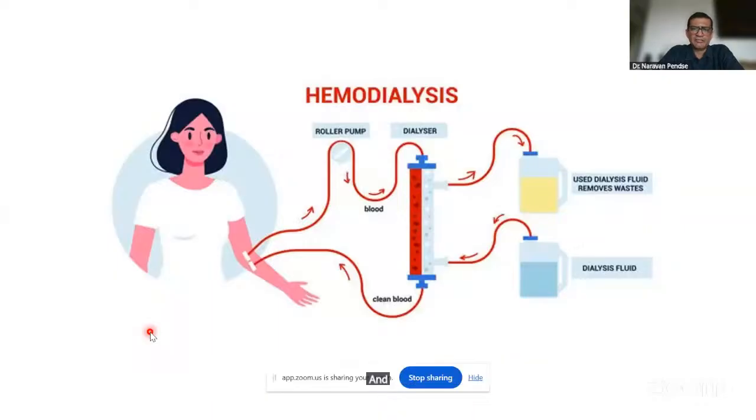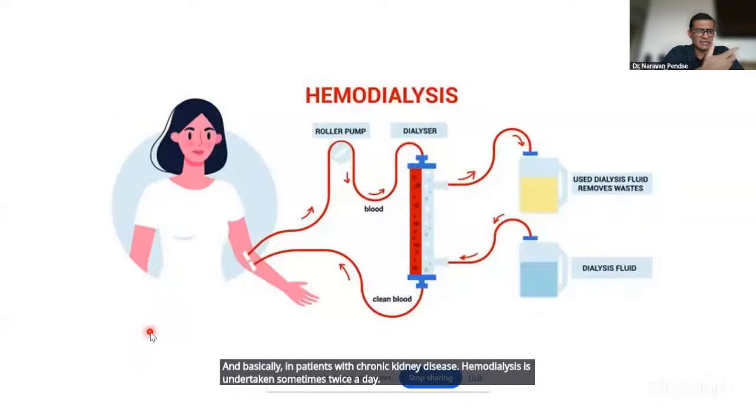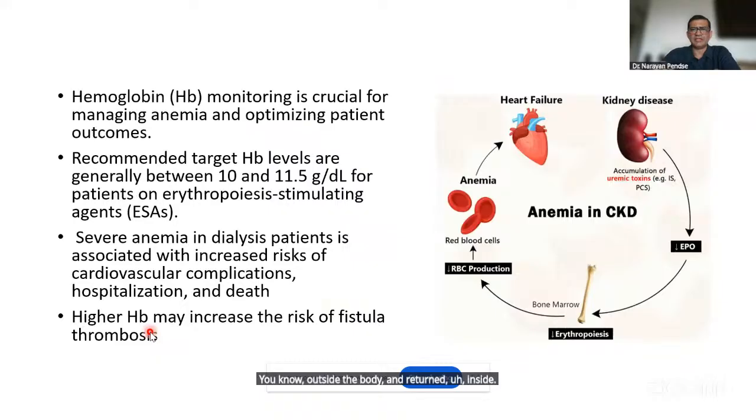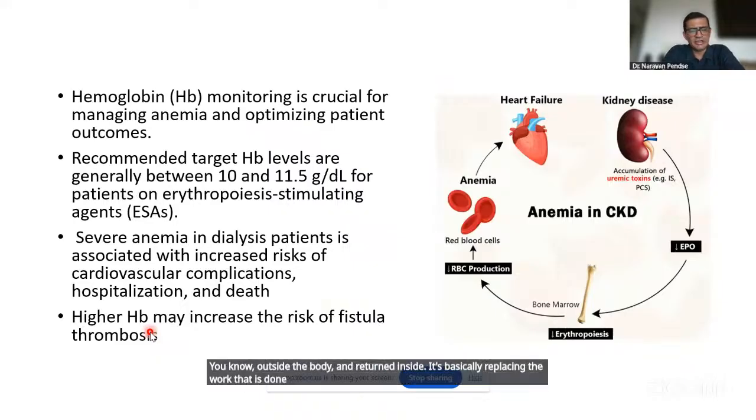Basically, in patients with chronic kidney disease, hemodialysis is undertaken sometimes twice a day, thrice a day, etc., or maybe even more, depending on the patient's condition, where the blood is cleaned or filtered outside the body, and returned inside. It's basically replacing the work that is done by the kidney.